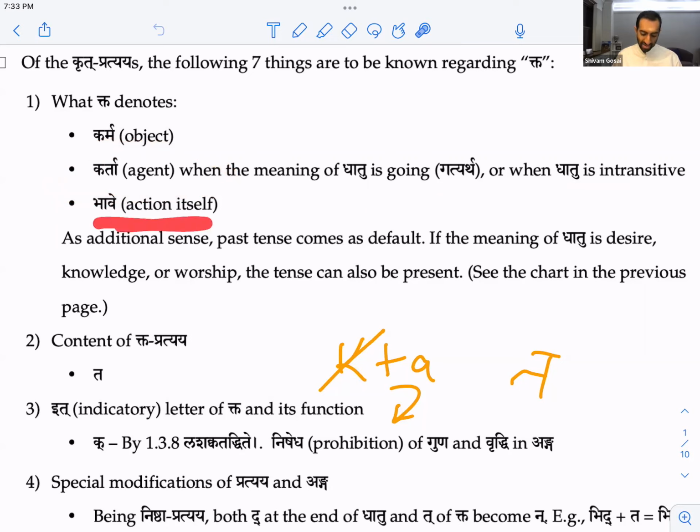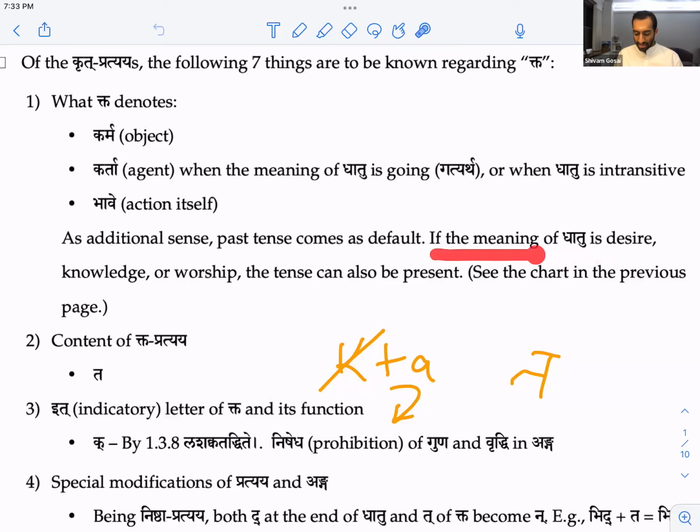Or it can be bhave, the action itself. Okay. So past tense comes as default. So karmani bhute is the default, right? Karmani past tense. Okay. But we didn't look at this last time. Let's come back to this part.